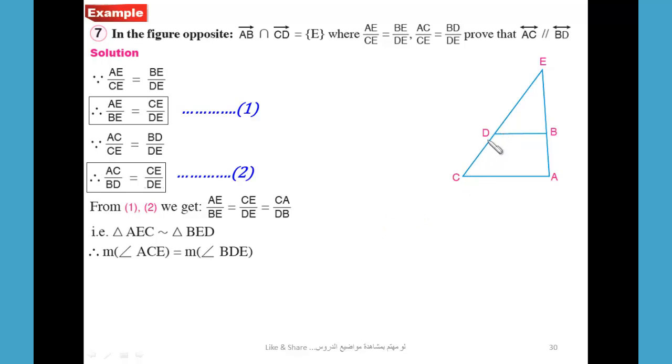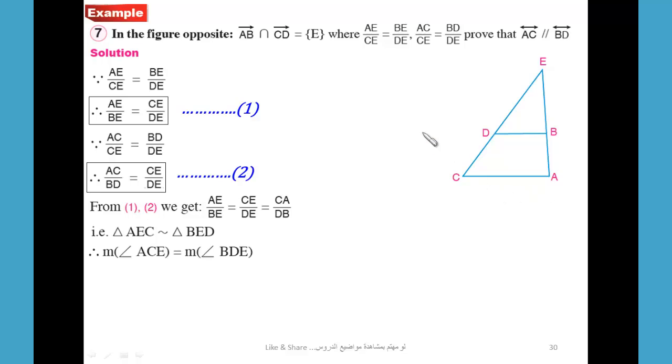Then we can write AC is parallel to BD, and then we can say that DB is parallel to CA.